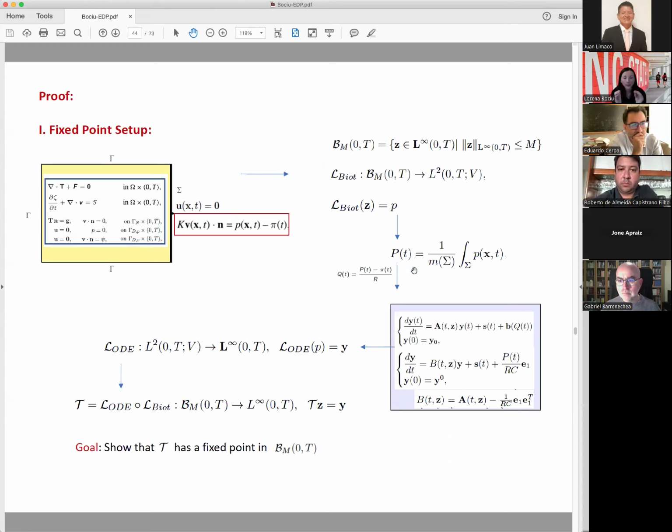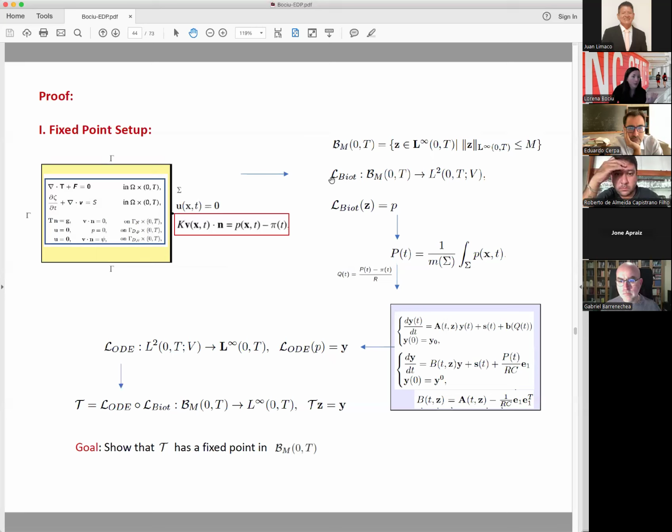So basically, we start with the variable from the ODE. So I take a ball in L infinity of radius m. And first what I do is, remember, in the state variable, in the vector y for the ODE, the first component was little pi, which I told you was the most important one, right? So that's the one that comes into BO in the interface condition. So basically, given z, take the first component, that's little pi, and give it in this Robin type boundary condition for the BO, right?